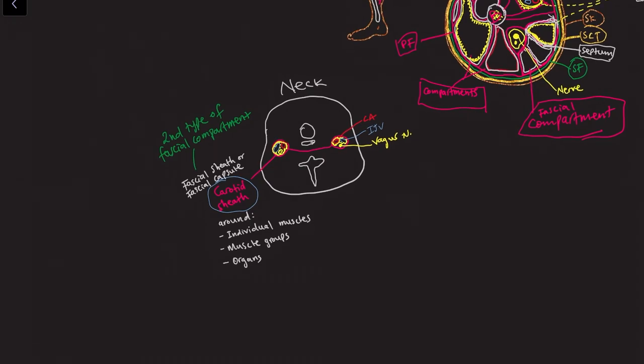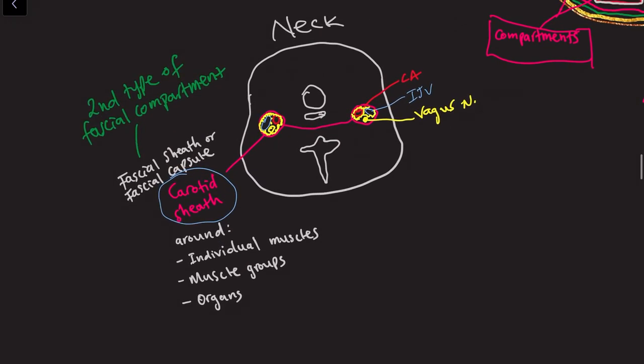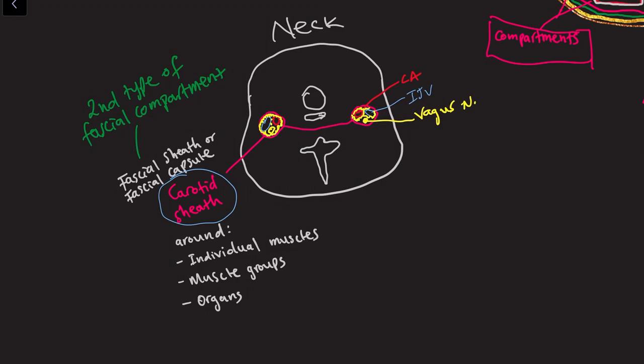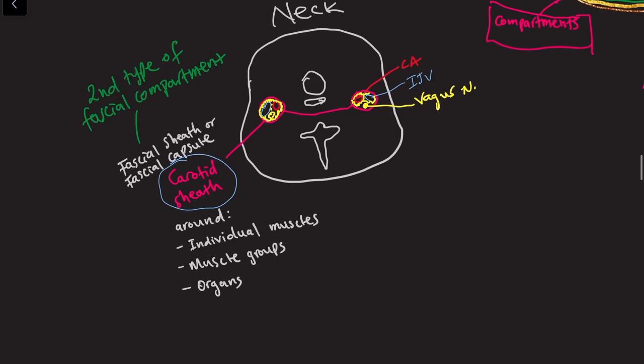Now, in places like the neck, where the proper fascia divides into the deep and superficial lamina, as we said, the laminae can cover muscles and the neurovascular bundles.